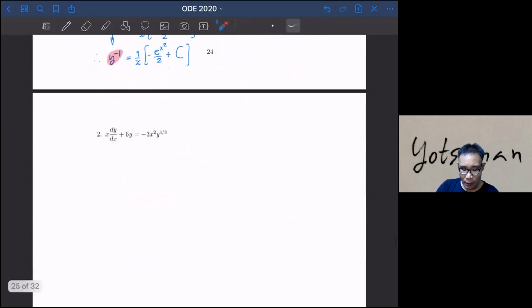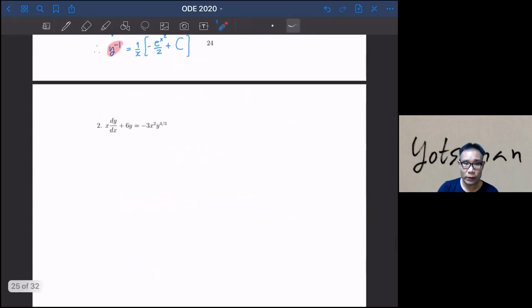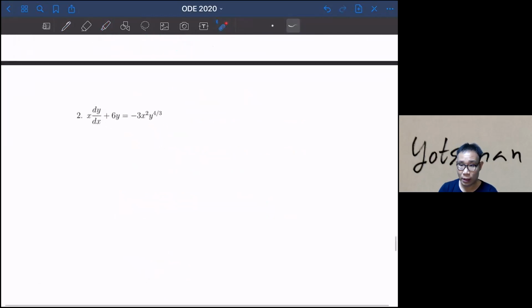Okay, I will do number 2 a little bit for you, but I'm gonna let you continue doing this one. So you see that you have x dy/dx plus 6y minus 3x squared y to the 4/3.